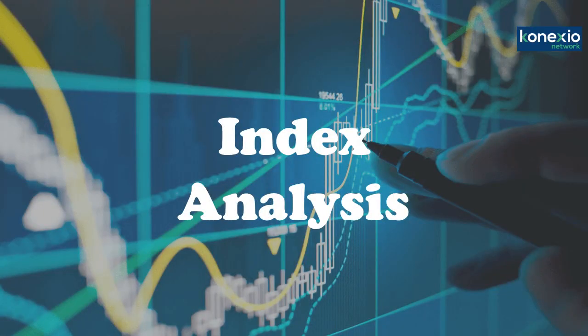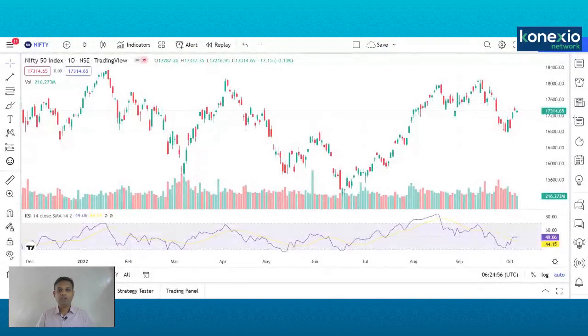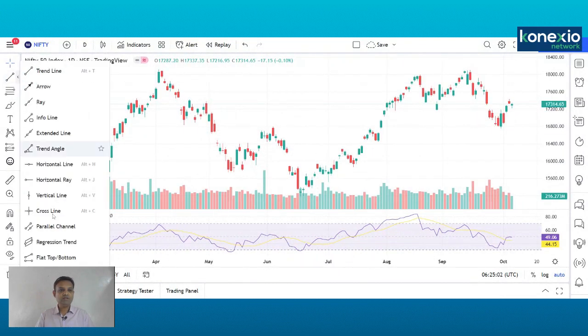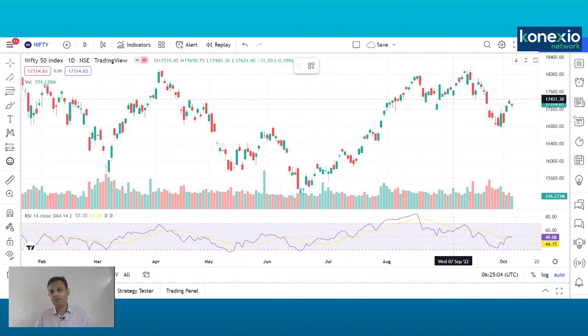Now let us go to the charts. We'll try to figure out how the setup is panning out and what could be the trend for the next week. Now this is a Nifty daily chart, and let me draw a parallel channel which we have been mentioning in our last video.